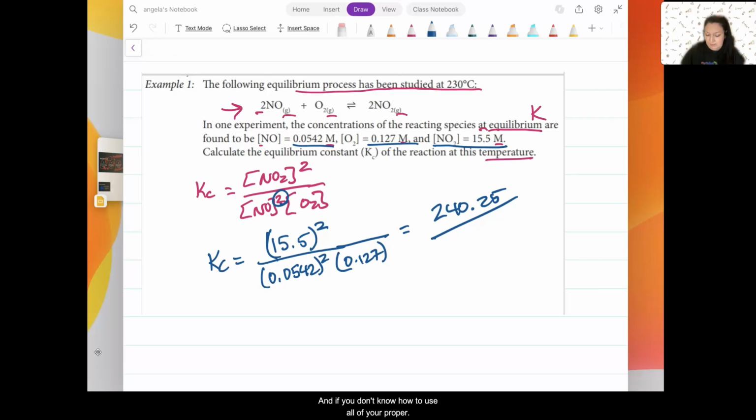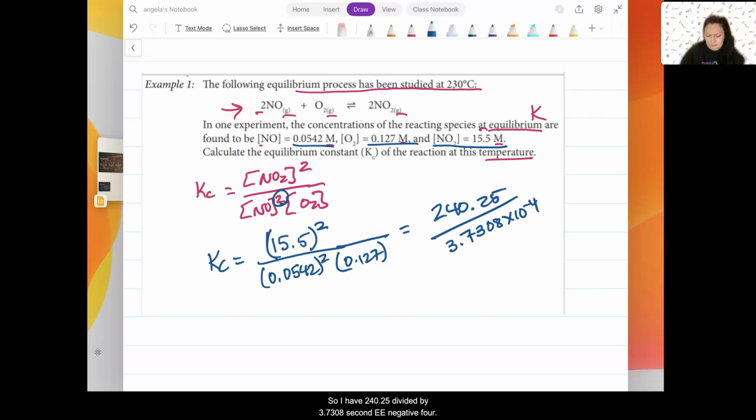If you don't know how to use all of your proper buttons, then you need to get with someone in class to help you. Okay, that's what I have for my denominator. Let me just make sure I put in the right number: 0.0542 squared times 0.127. Okay, that's what I got. It'll be so much easier if you know how to use your fraction function on your calculator. All right, so now I'm going to divide these two.